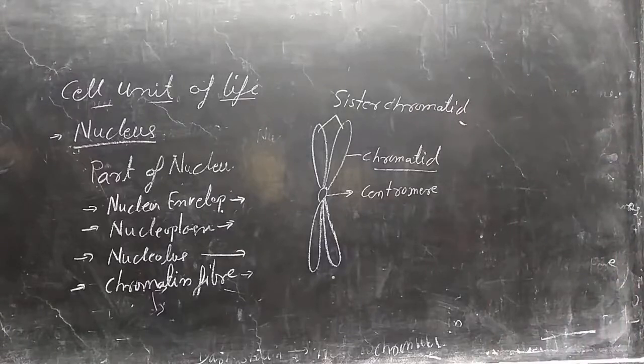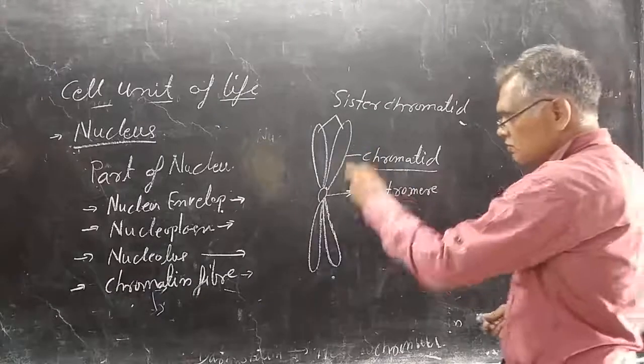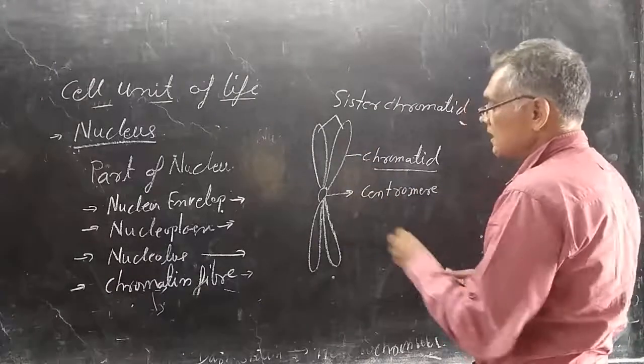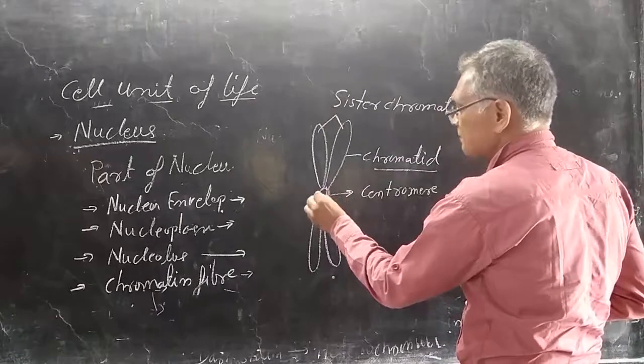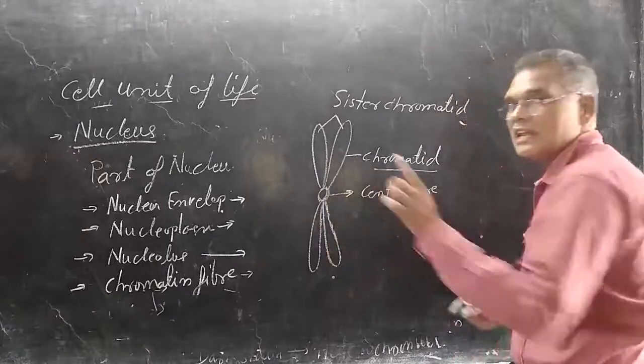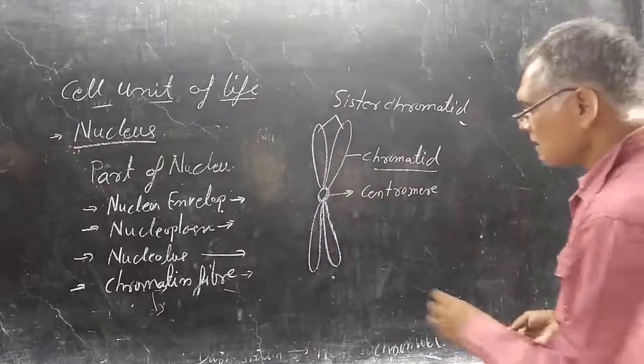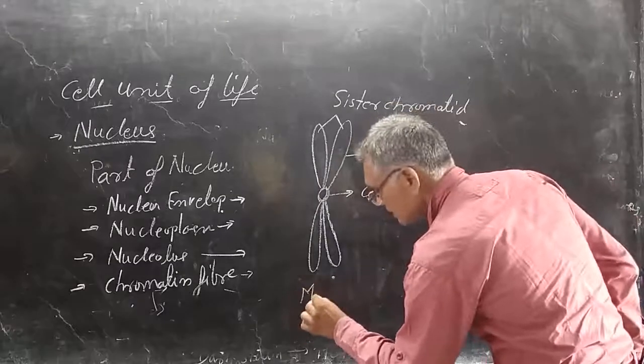According to the position of the centromere, chromosomes are of four types. When the centromere is present at the center and both the branches are similar in size, such a chromosome is known as metacentric.